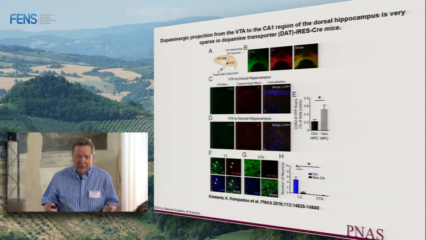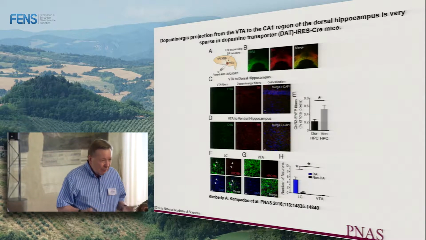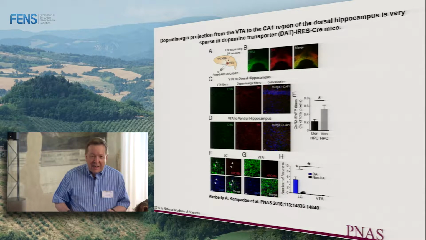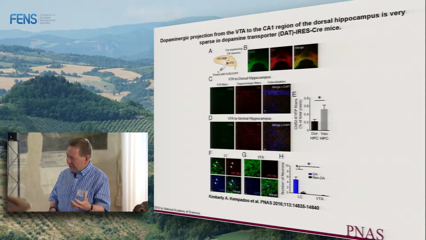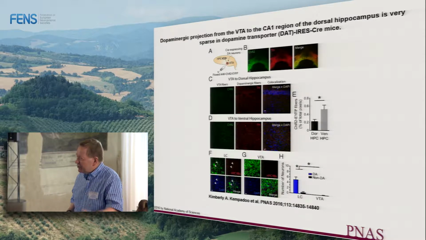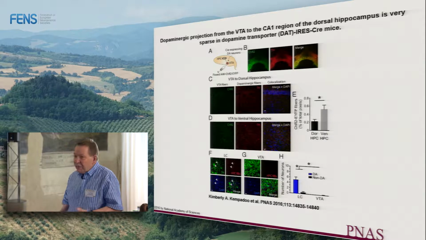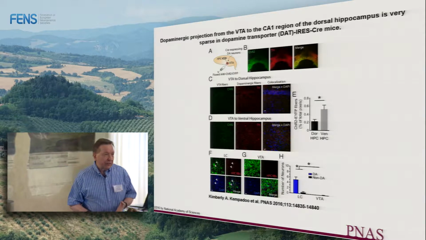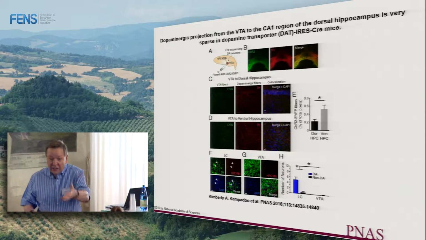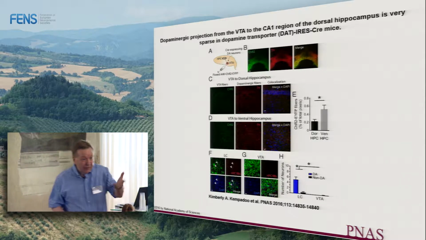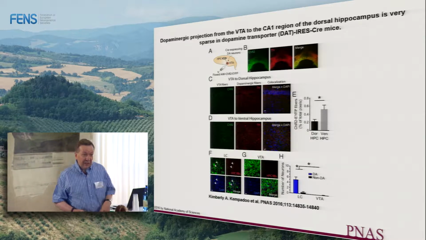This is amazing because the hippocampus doesn't get much dopamine. The ventral tegmental projection is very sparse. So how is it that dopamine in the hippocampus can improve memory? In fact, most of the projection for dopamine goes to the ventral hippocampus, which is not implicated in things like spatial memory, which is what the hippocampus does, among other things.